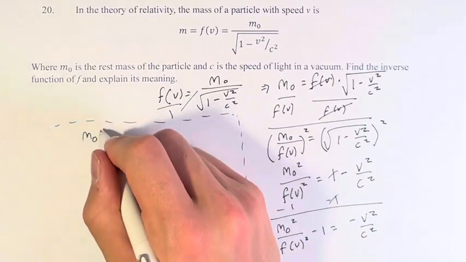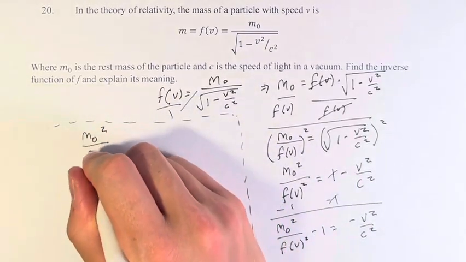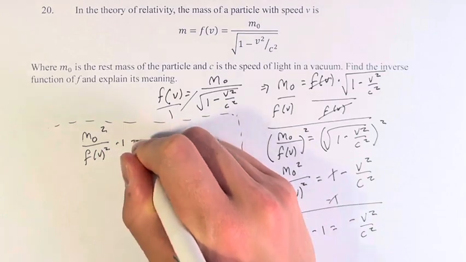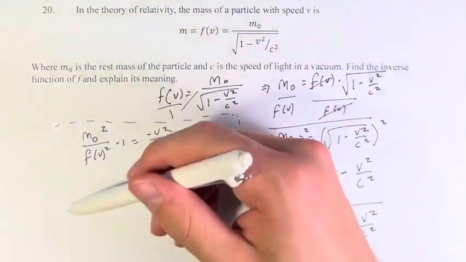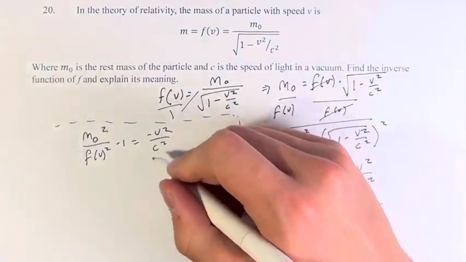And what we're going to do is our last two steps. We are going to multiply both sides by negative c squared.